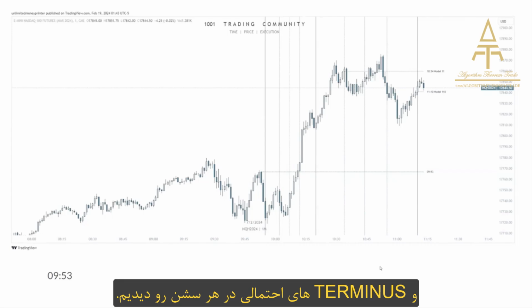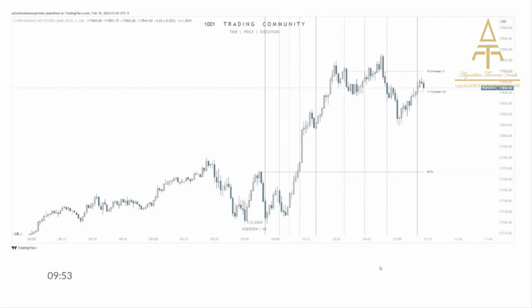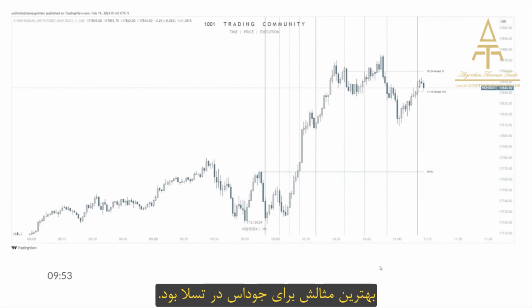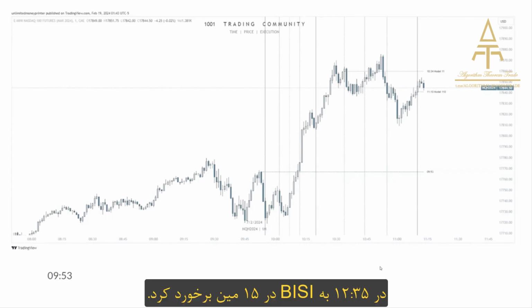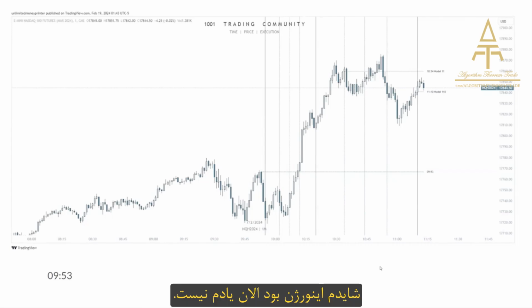And we also went over the potential terminus endpoints throughout the session for Judas. Best case scenario, like Tesla, 1235, hit that 15-minute BISI, or I think it was an inversion, whatever it may be. It hit that at that exact time, and that was that.